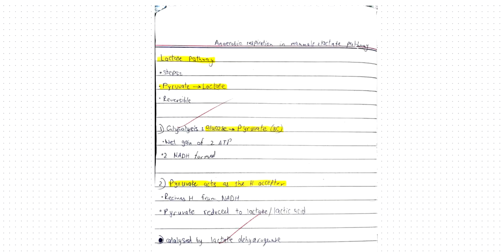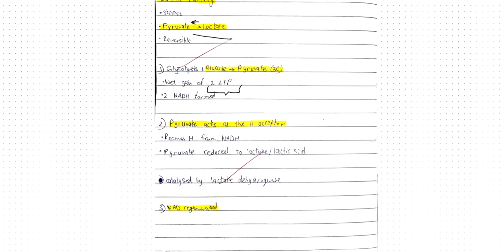Now comes the lactate pathway, or the pathway that happens in mammals, humans, and bacteria. In this process, glycolysis produces pyruvate, and pyruvate will become lactate, and this is reversible. Now glycolysis, as usual, would produce pyruvate and make a net gain of 2 ATP, and 2 NADH would also be formed.